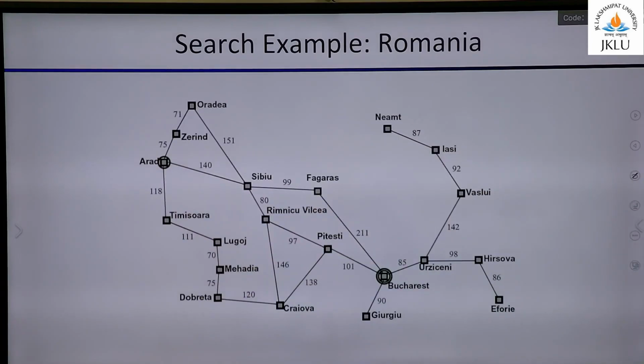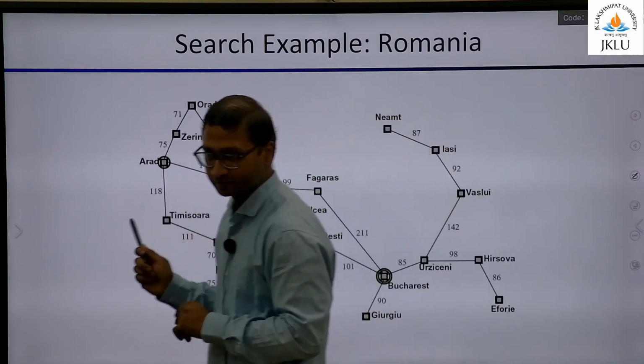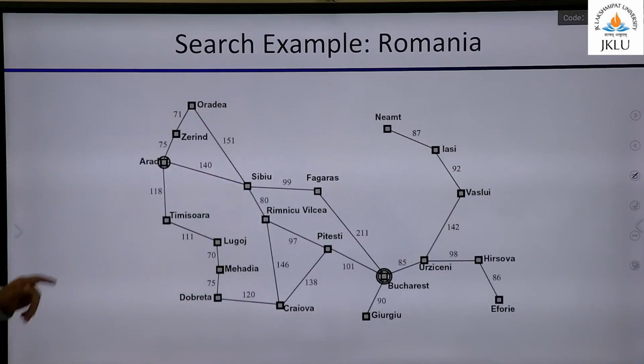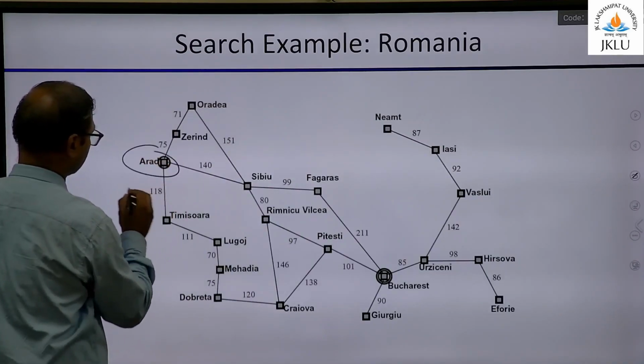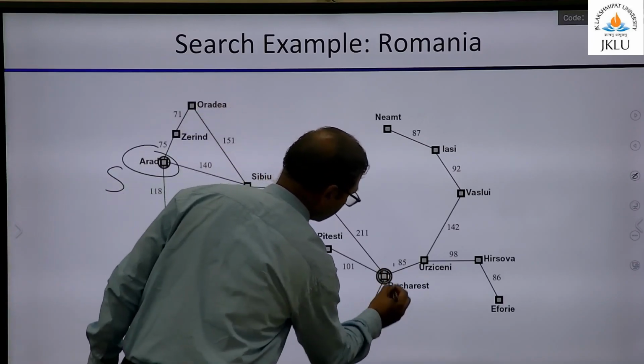So this is your state space graph. Build a search tree. You are supposed to go from Arad to Bucharest.